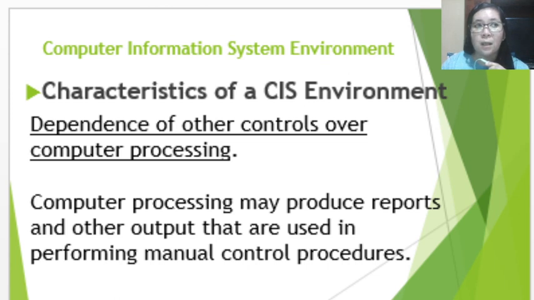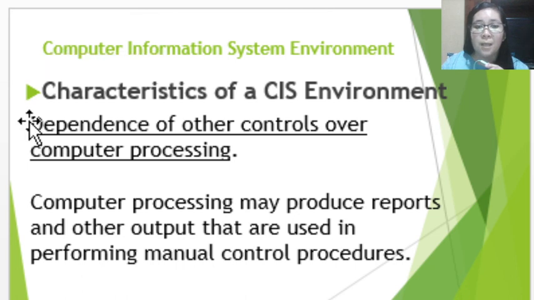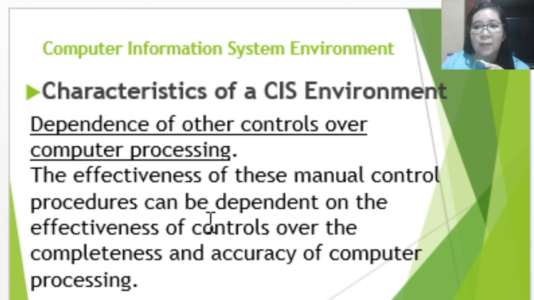Meaning there might be some authentication needed before access to the data, or validation before a transaction may be processed. So the effectiveness of these manual control procedures can also be dependent on the effectiveness of the controls over the completeness and accuracy of the computer processing. Again, it will depend on the effectiveness of such internal control.